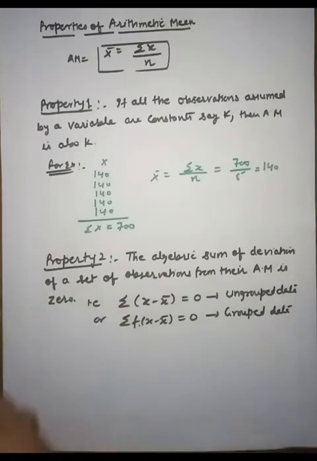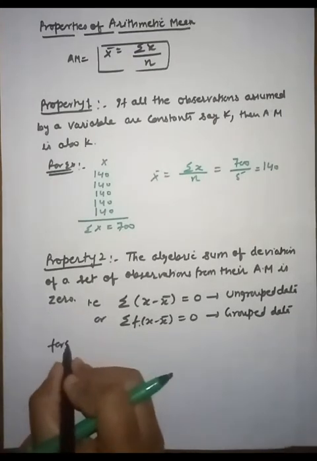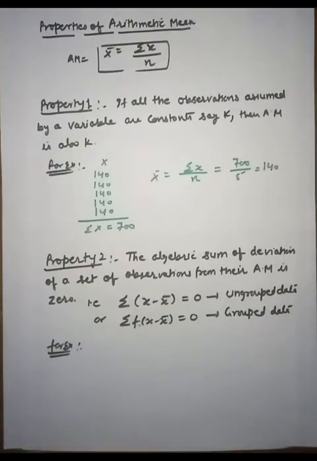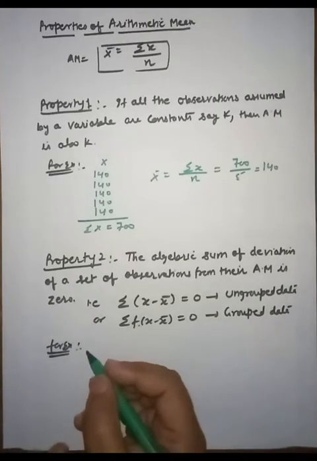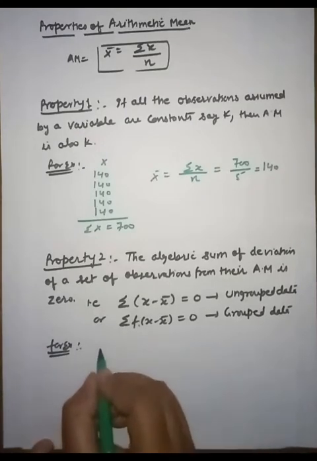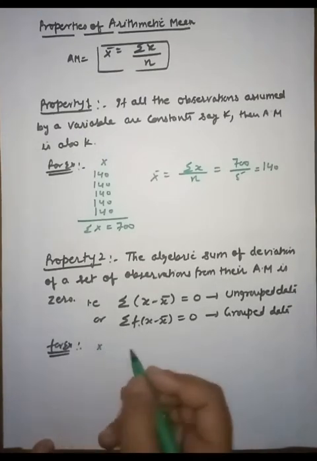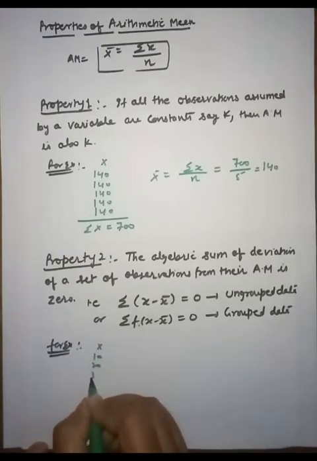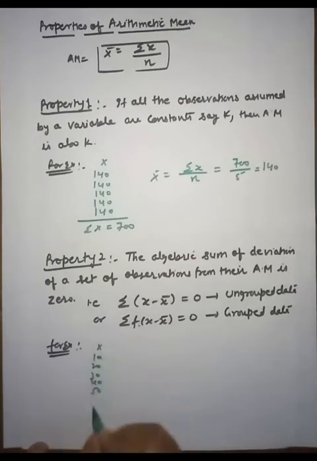For example, consider a variable x that assumes 5 observations, say 10, 20, 30, 40 and 50, right? So first we calculate the arithmetic mean.